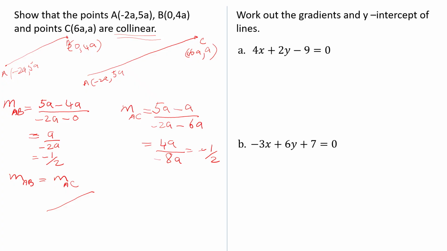These two lines are parallel, but the point A is common to both lines, so this should be a straight line. All these three points are on the same line. So this is a collinear line.